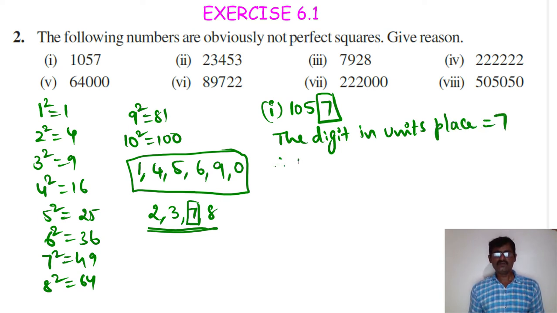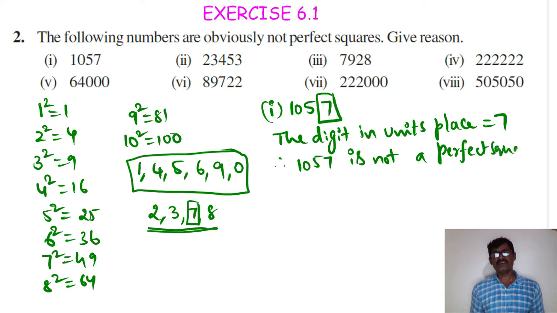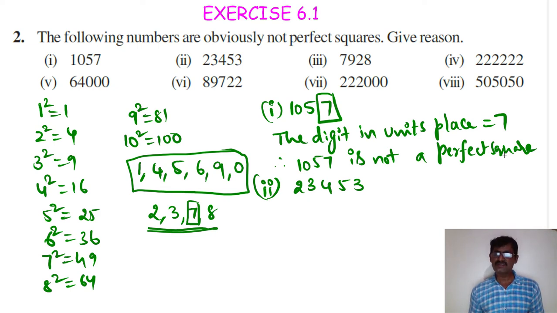So therefore 1057 is not a perfect square. Now if you take the second one, 23,453, the digit in units place is 3. So it is not a perfect square.